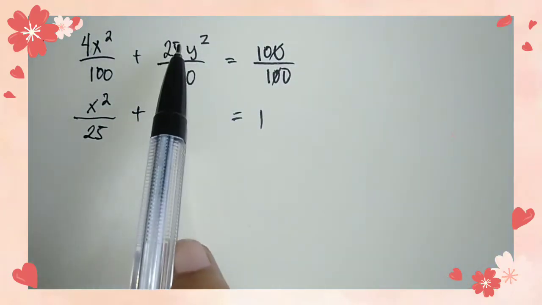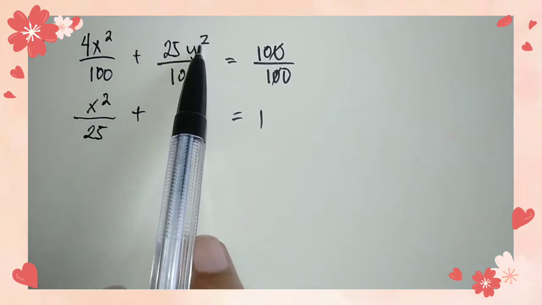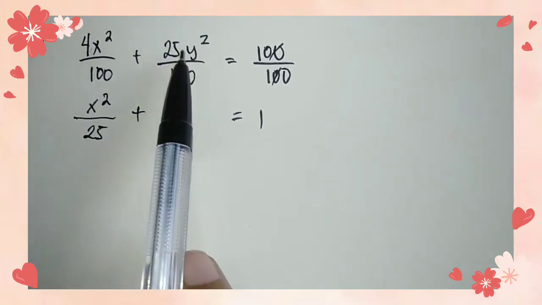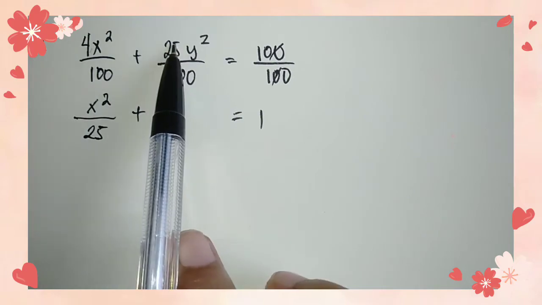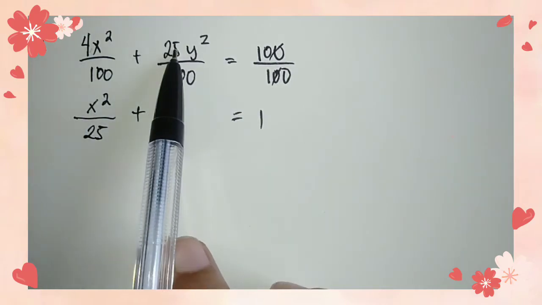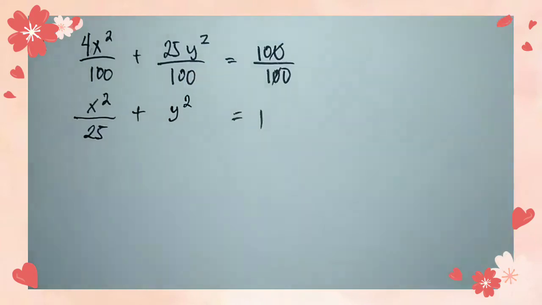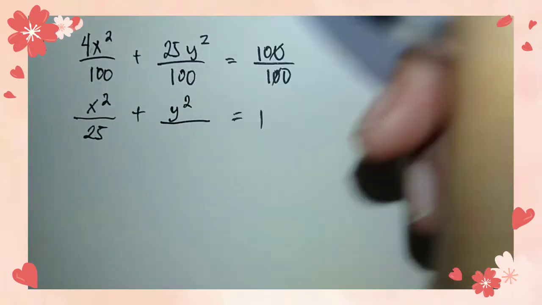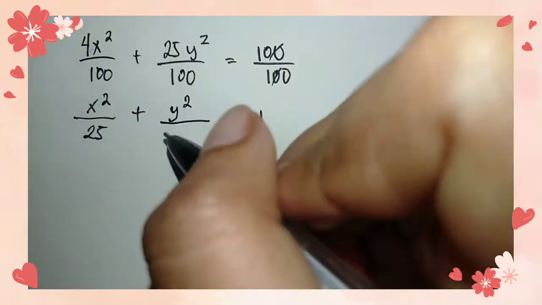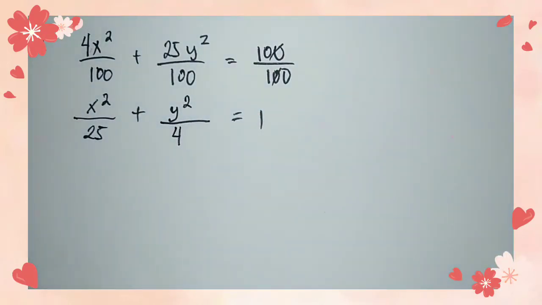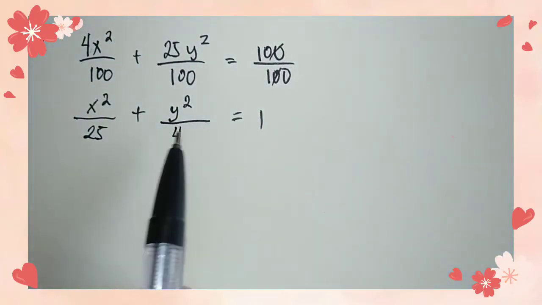Since si 25 yung eliminate natin kay y squared para si y squared na lang yung nandito sa numerator, i-divide natin both numerator to denominator to 25, okay? So, we have 25 divided by 25 is equal to 1, which is y squared na lang. And then, over 100 divided by 25 is equal to 4. And then, that's it. Ito na yung equation natin ngayon.